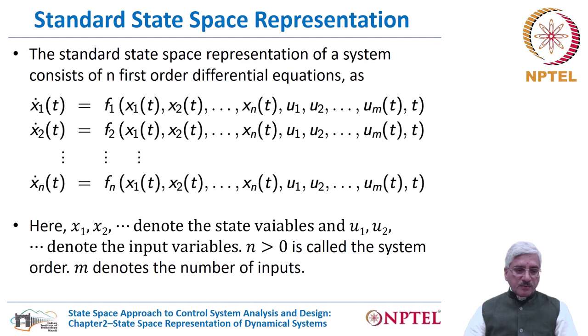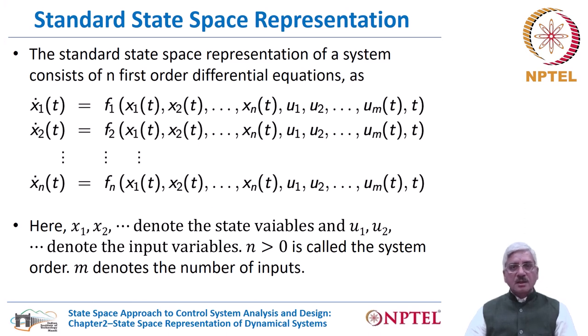I read a few of them. x1 dot (t) equal to f1 of x1, x2 and so on up to xn, u1, u2 and so on up to um, and time. Similarly, x2 dot is f2 of x1, x2 etc. up to xn, u1, u2 and so on up to um, and time.